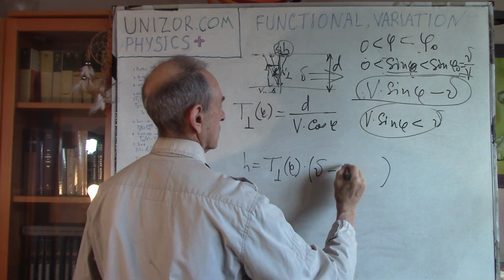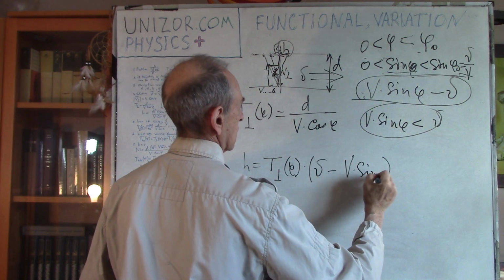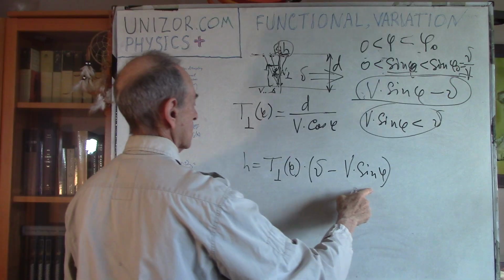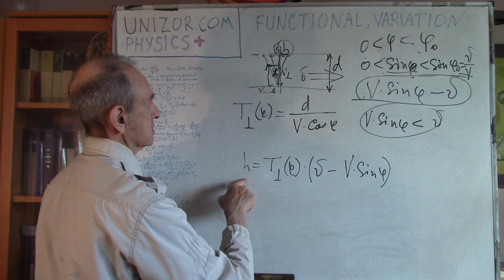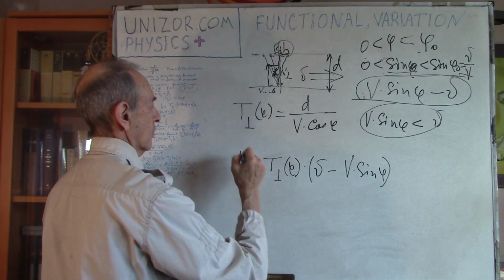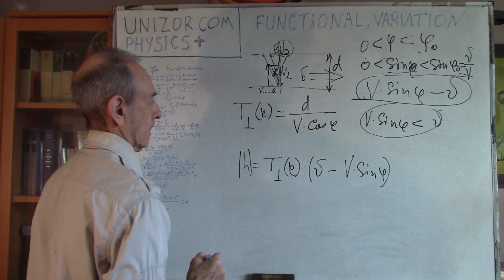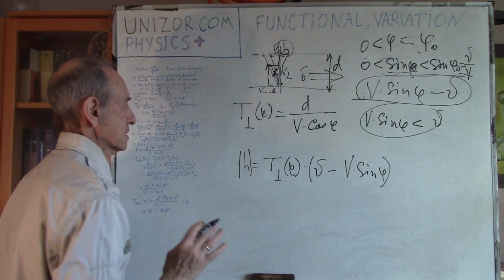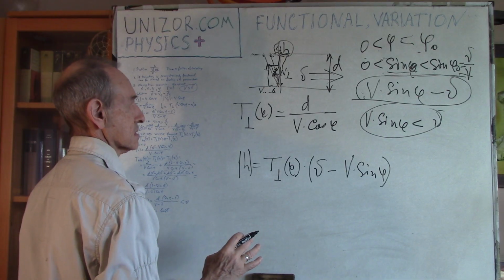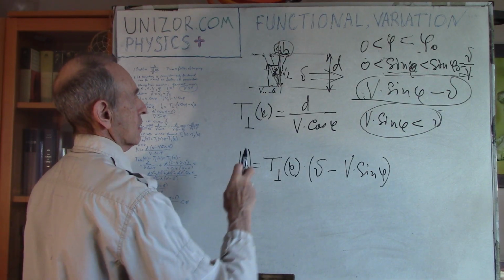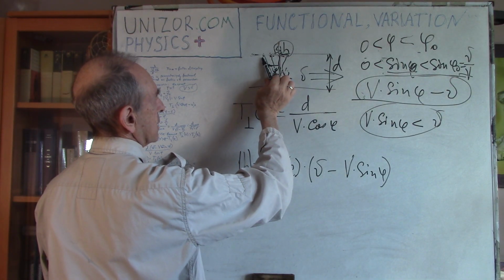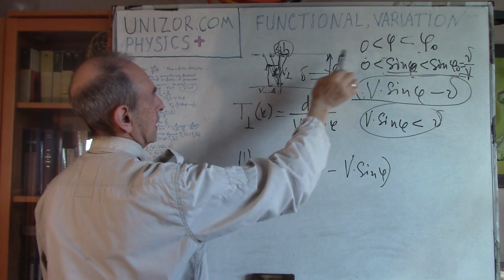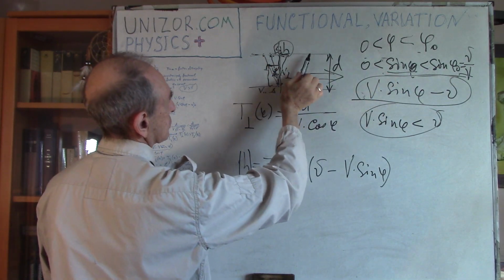So it's u minus v times sine phi. Now it's a positive thing, and h now is, well, consider its absolute value. So this is the distance. If I have phi 0, it will be here. If I have less than phi 0, it will be to the right.